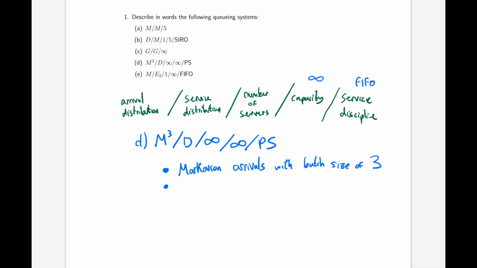We have deterministic services. Infinite servers. And infinite system capacity.